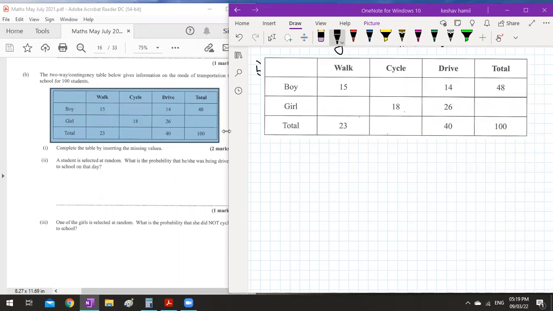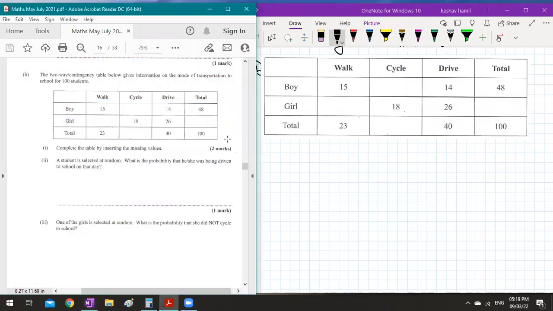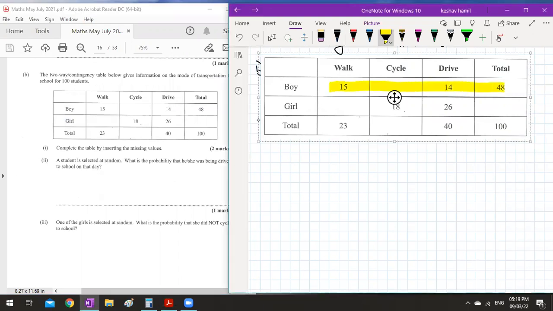Okay, so we have the table here. They want us to complete the table. Now, if you look this way, you see the total is 48. We have walk and drive, so the cycle part will be 48 minus the sum of 15 and 14.